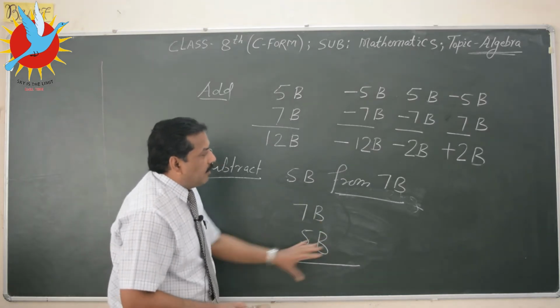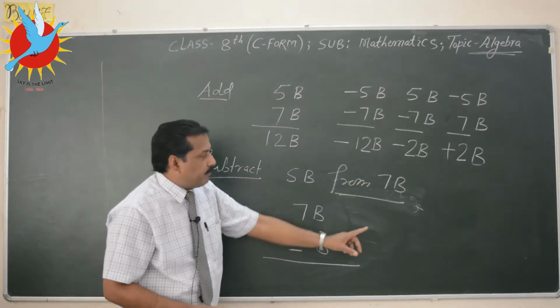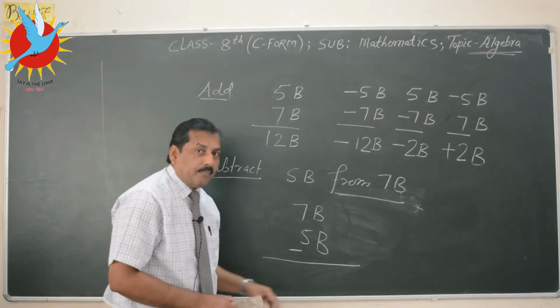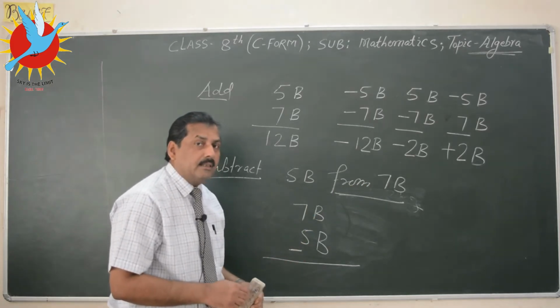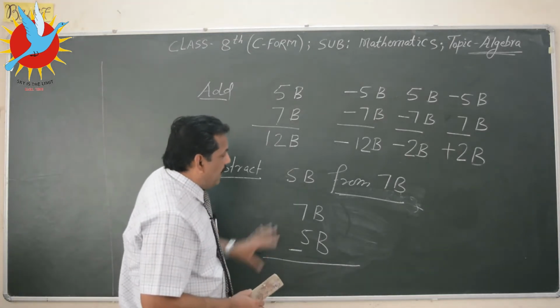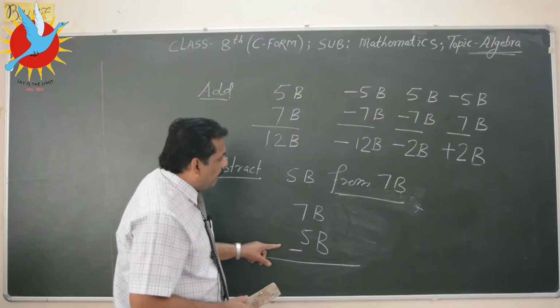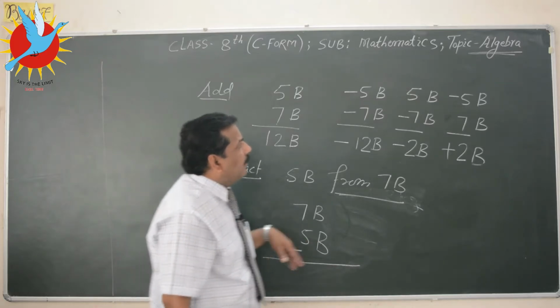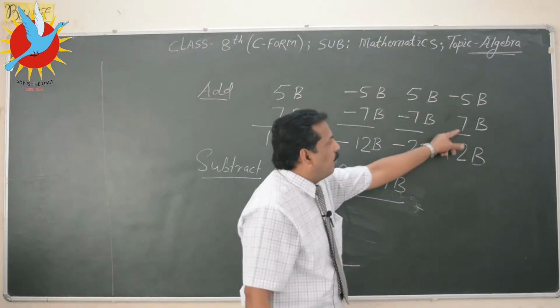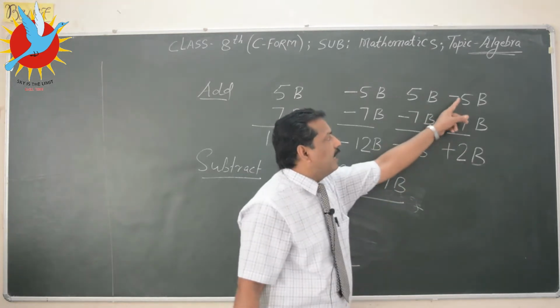Now the first part of subtraction is changing the sign, and after that what next? It will be done just like addition. So look for the same situation, 7b positive and minus 5b.